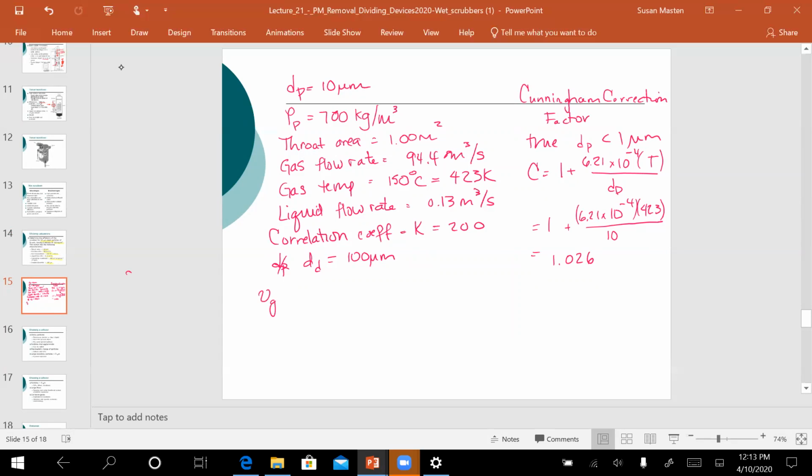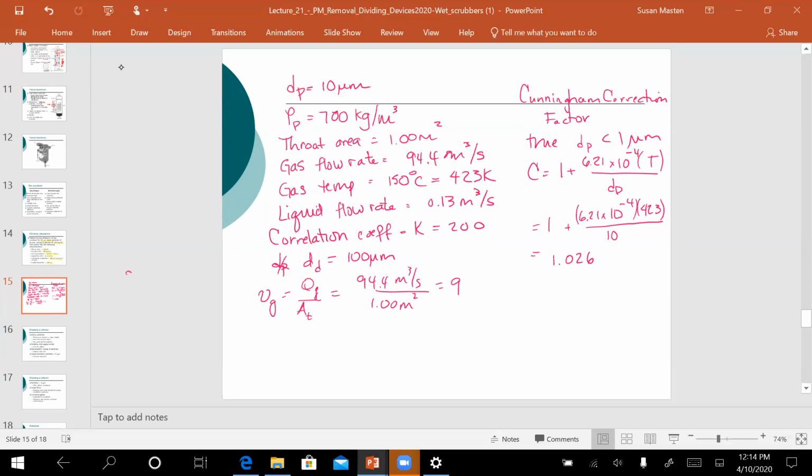The velocity of the gas is equal to the flow rate of the gas divided by the area, that throat area. Okay, that's the velocity that is most important. So we have 94.4 meters cubed per second over 1.0 meter squared.